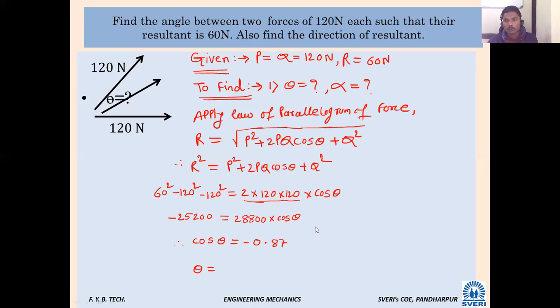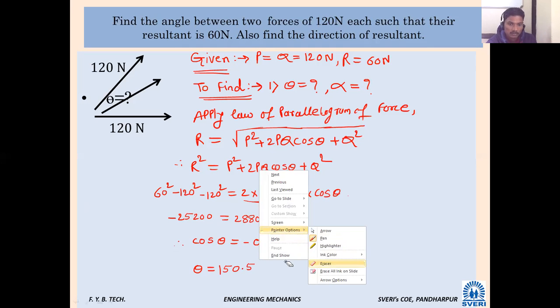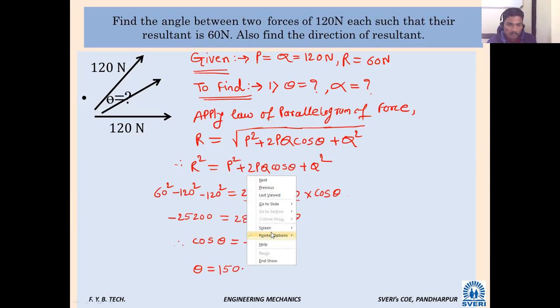You might know it lies between minus 1 and 1. The answer is 150.45.